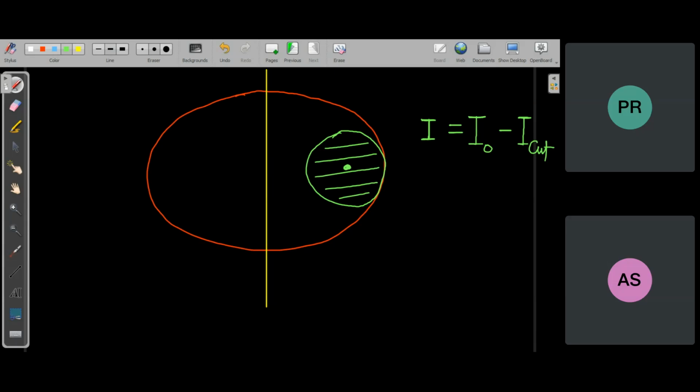But the problem here is that both the moment of inertia of the whole body and the moment of inertia of the cut part, you have to find about the same axis. Are you getting? The moment of inertia of the cut part, you don't have to find about its own axis. You have to find it about this main axis.